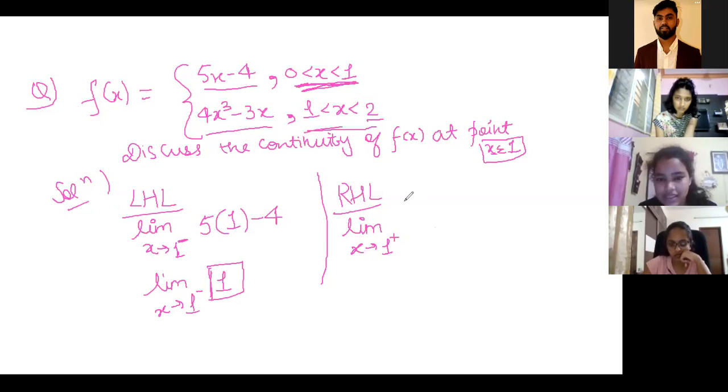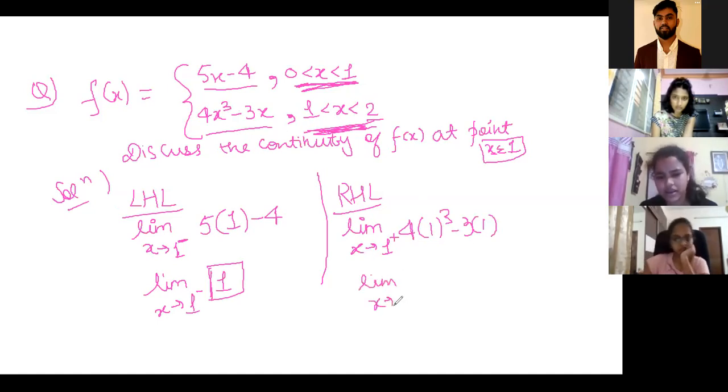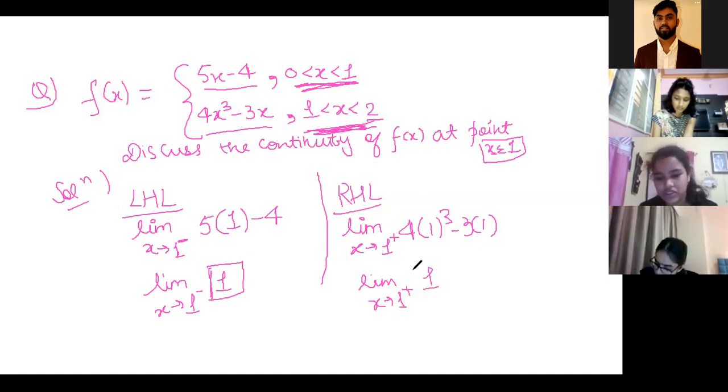When we apply this condition, we have to write this function and substitute x with 1 again. So when we do this, we'll receive something like this. And after that, we'll get 1 plus 4 minus 3, which is again 1. So we get this value again.